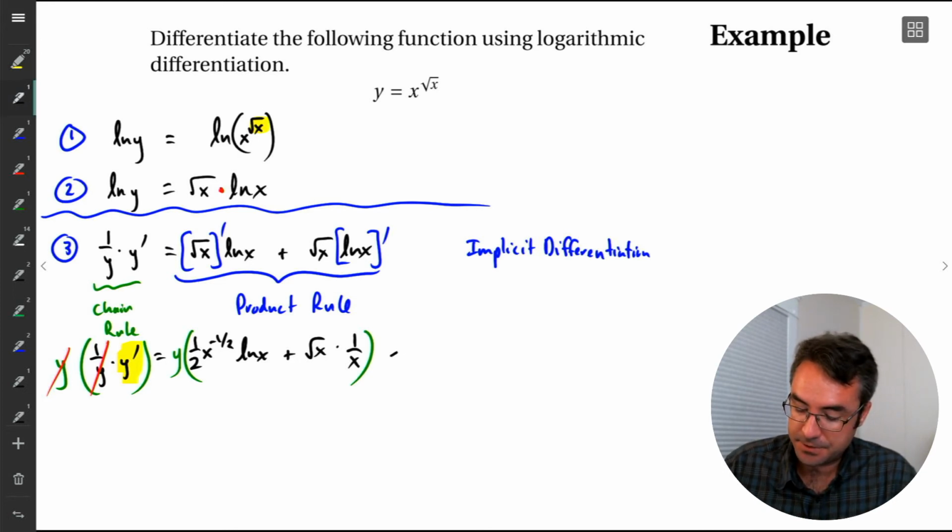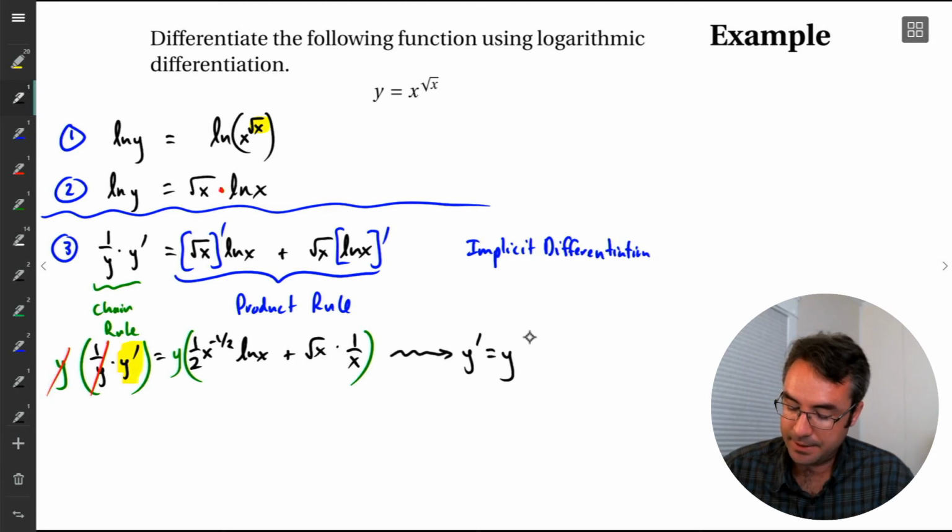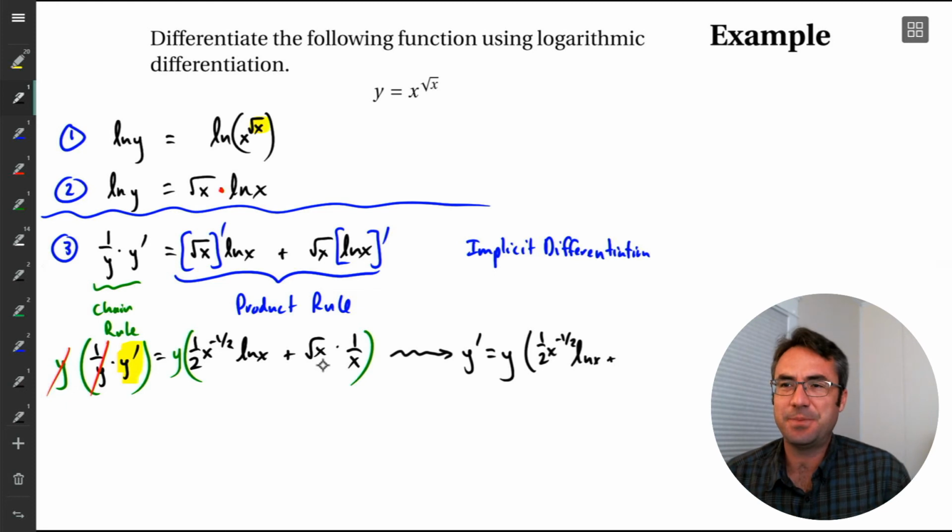So when we do this, what are we getting? We're getting y prime is equal to y times 1/2 x raised to the negative 1/2 natural log x plus, and actually we probably could start simplifying this down a bit. So this is really x raised to the 1/2 power, and then we're dividing by x. So we could actually write this as x raised to the negative 1/2.